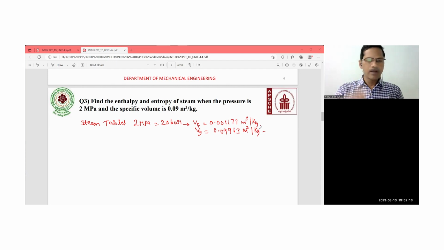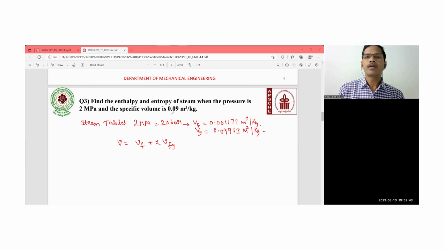Then what you have to find? You have to find out initially the quality of the steam here. The specific volume is equal to Vf plus x into Vfg. In this particular case, the specific volume is mentioned.